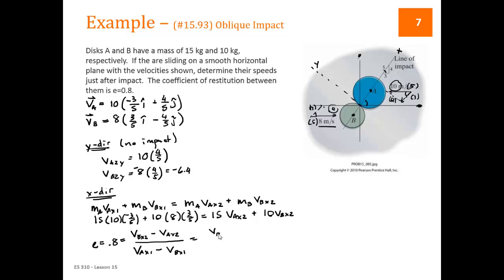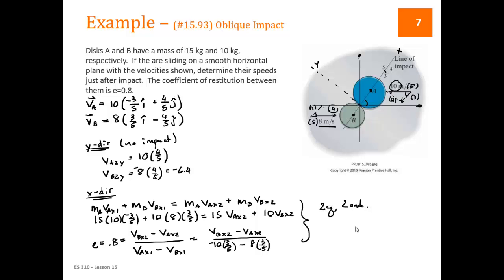So these unknowns are on the top, and in the bottom, x1, that's negative 10 times 3/5 minus VB, which is 8 times 3/5. And so we have two equations, two unknowns.